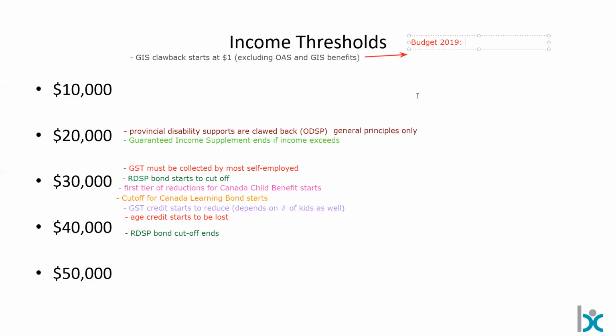What's the GIS change that we saw with budget 2019? That might be why you're thinking of 15,000 actually, Melissa.